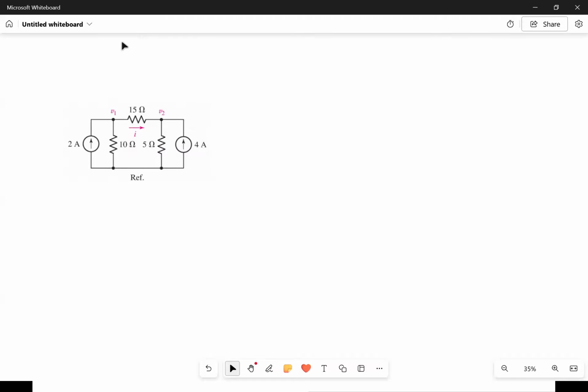Maybe we can even do it step by step. Step 1, ID the nodes, which is already done for us. That's a check. Step 2, assume current directions.